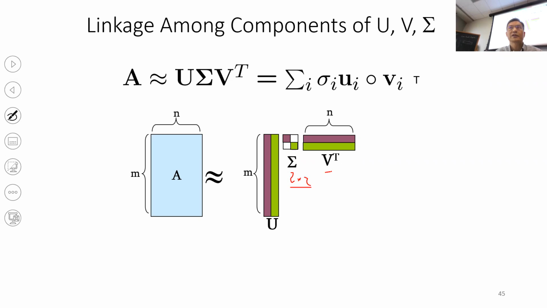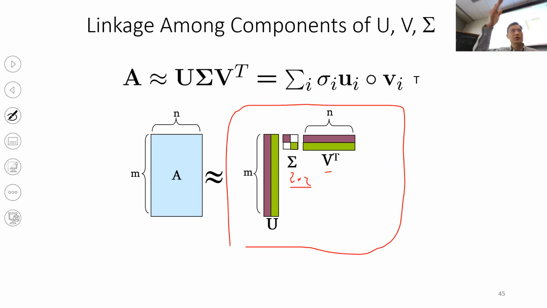In those illustrations I use only 2 components, and this graph also uses just 2 components. But of course, you can use 3, 4, 5, depending on the singular values in the sigma matrix.